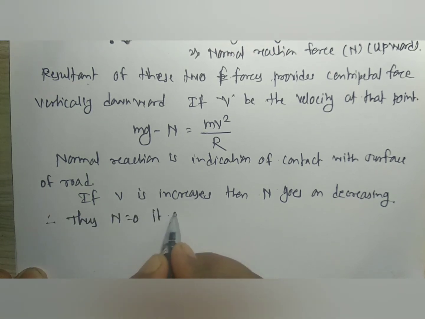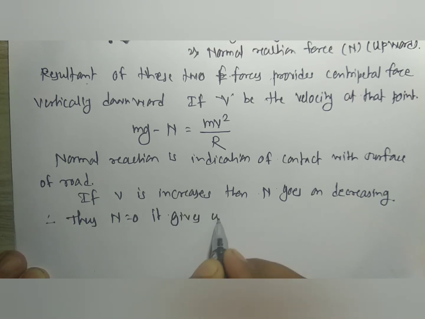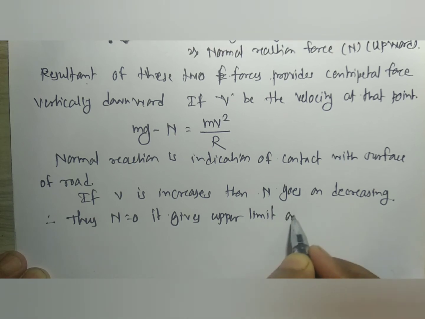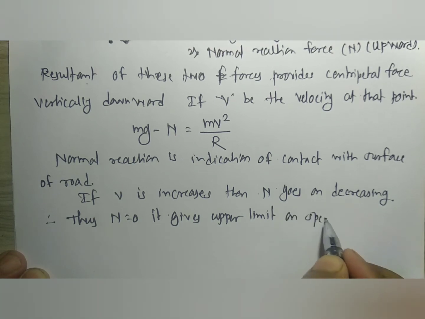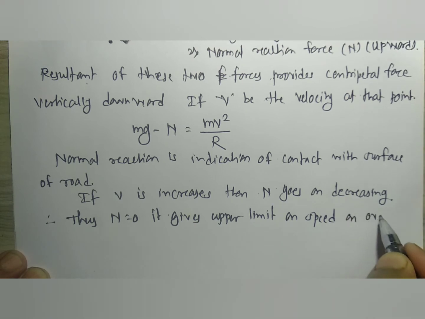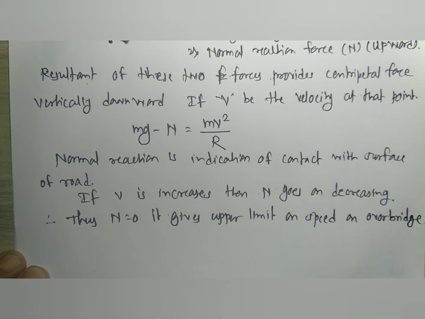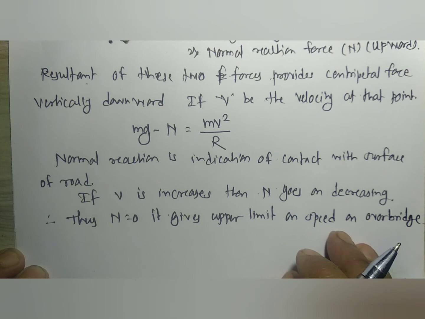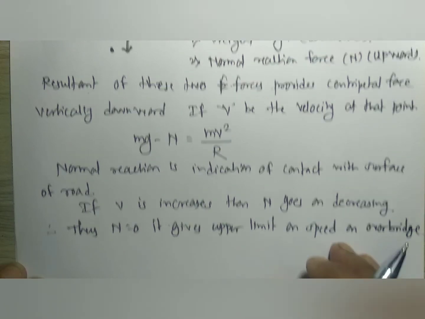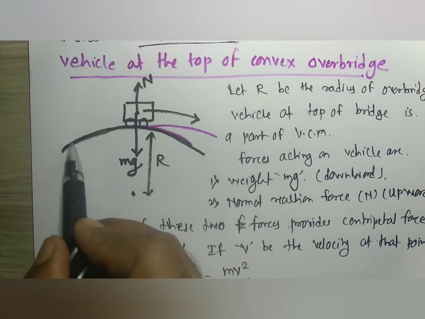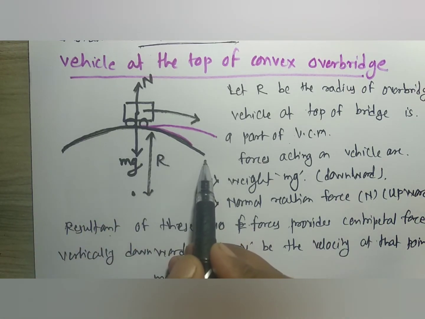It gives the upper limit on speed on the overbridge. That means when we exceed that limit of speed, at that time your contact with the road of the bridge is completely lost.